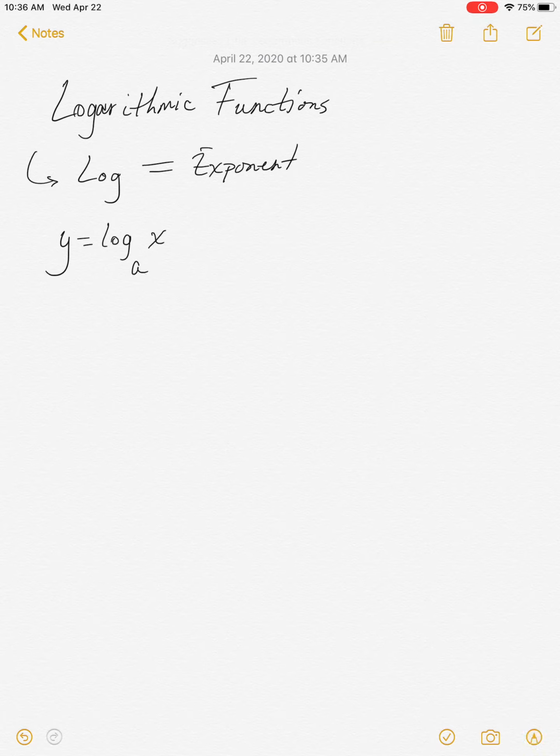What that is saying is an exponent is equal to log of some base of some expression.